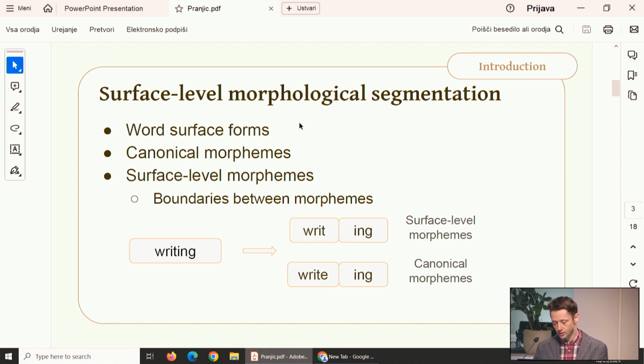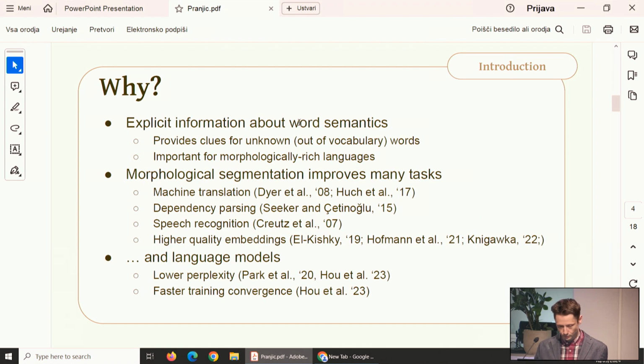So it's segmented as write and ing, or writing is combining write plus a suffix. In surface-level morphemes, we are interested only in segmenting the word into parts that can be strictly concatenated. In effect, we are trying to detect the boundaries between morphemes in the surface level of the word.